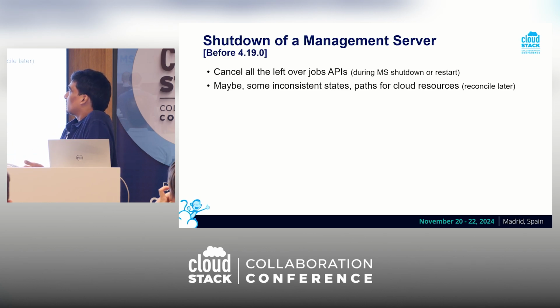If there are any pending jobs like volume snapshots, creation of a volume or migration of a volume, when we restart the management server, we try to reconcile the volume paths or the VM states. We have a VM power sync to reconcile the VM states. So this is before the 4.19 release.